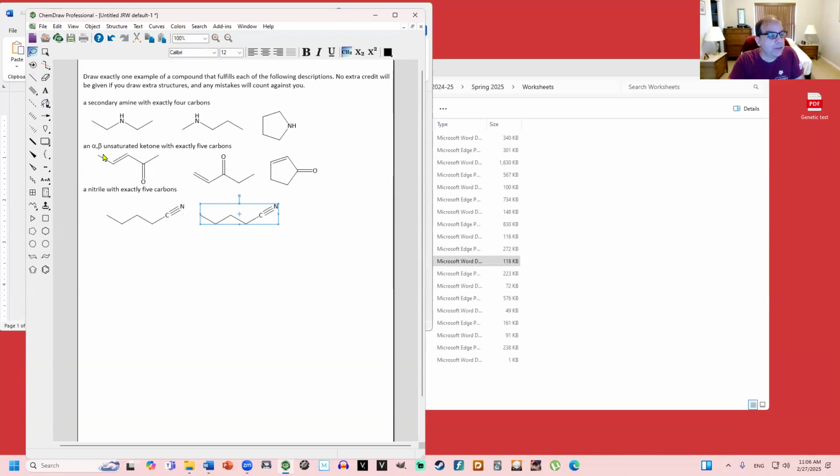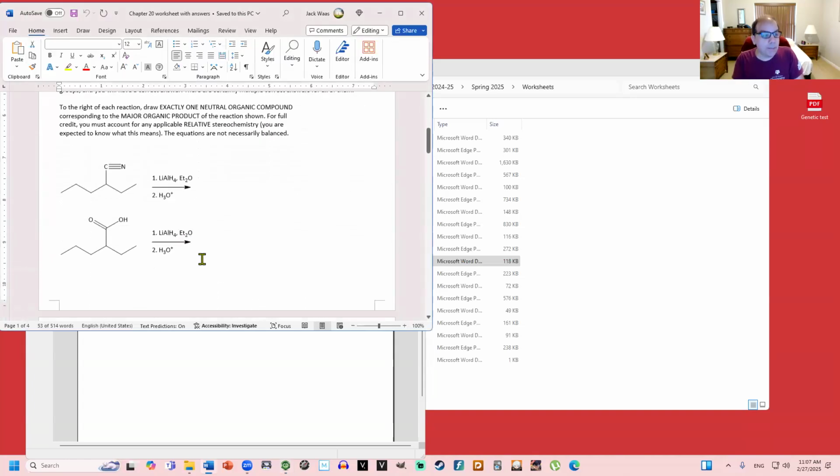I could imagine something like this. One, two, three, four, five. Of course, remember, the nitrile carbon is included in the carbon count, so this would be absolutely acceptable. Totally correct. Good. So let's move on then.